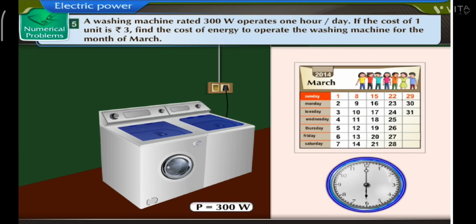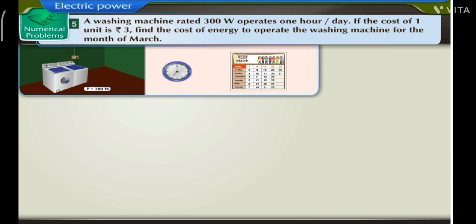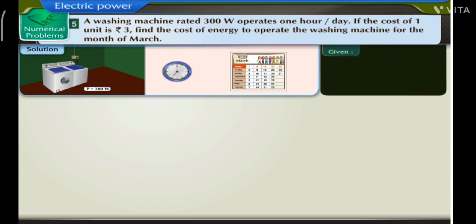5. A washing machine rated 300 watts operates 1 hour per day. If the cost of 1 unit is 3 rupees, find the cost of energy to operate the washing machine for the month of March. Solution. Let us first write the given data. Given power rating of the washing machine, P, is equal to 300 watts. Time interval of daily operation, T, is equal to 1 hour.